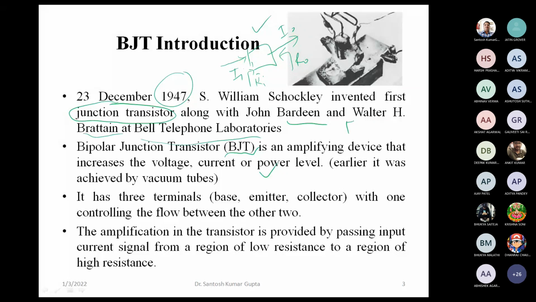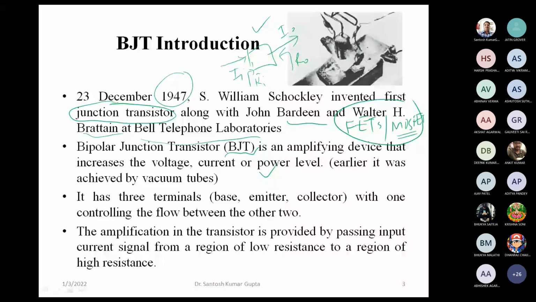Nowadays a variant of FET, which we generally call MOSFET, is taking over the place of the BJTs. In the earlier days, in the 80s and 90s even, the BJTs ruled the IC technology, but now it has been taken over by the MOSFETs.